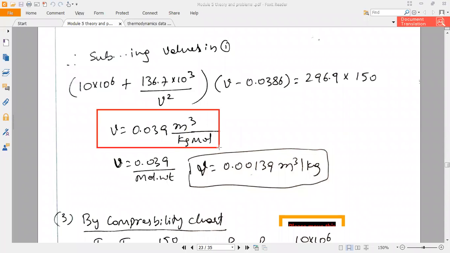Here we obtained it per kilomole. To convert kilomole to kilogram, you should divide by the molecular weight. Here the molecular weight is 28. 0.039 divided by 28, V divided by 28, you get this value.